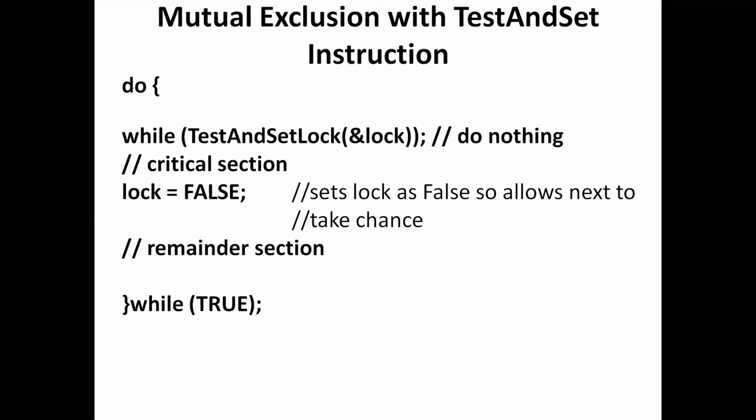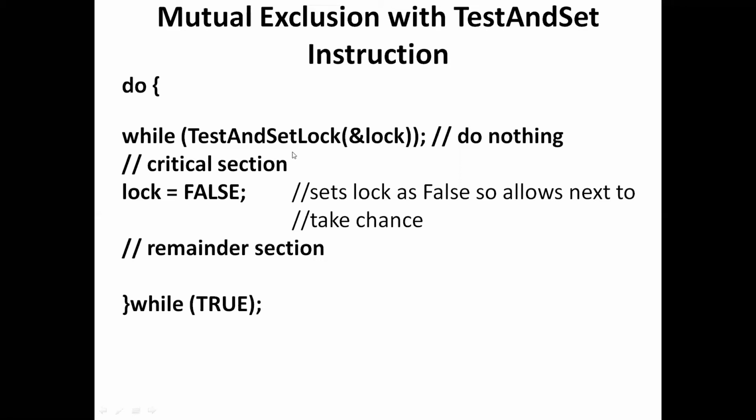That gives a chance to another process which is waiting for the critical section. Assume that process 0, process 1, and process 2 are waiting for the critical section. Initially a process comes and checks whether any process is executing in the critical section. If no other process is executing, it enters the critical section and executes it.